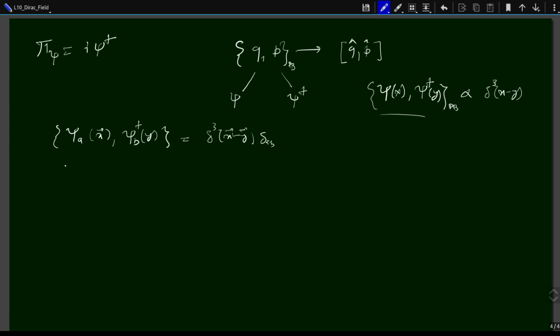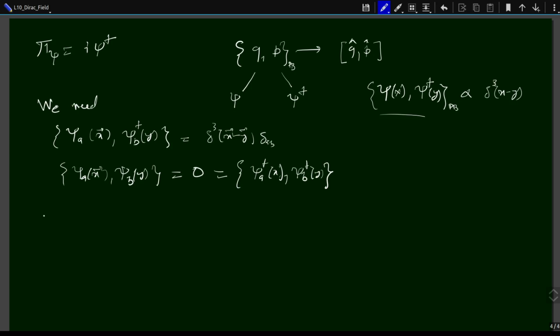And all other anticommutators, which are psi A at any x and psi B at y, must anticommute, and the same for psi A dagger of x and psi B dagger. These things we need.